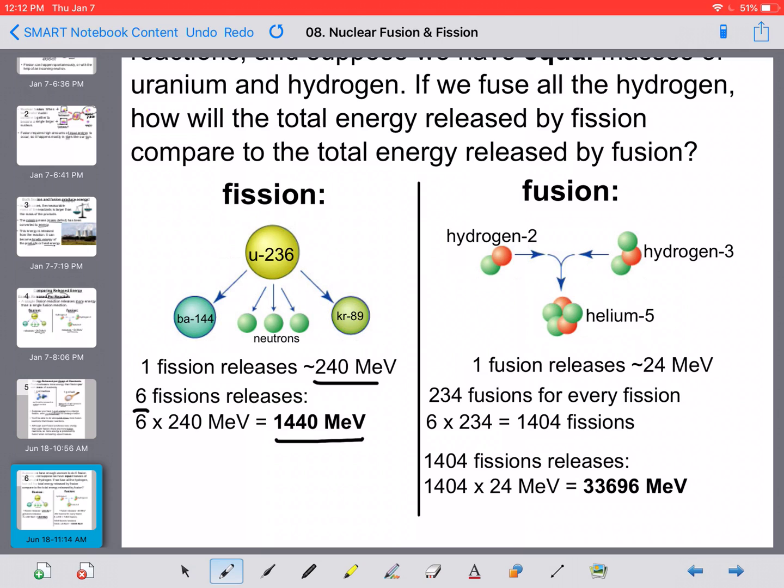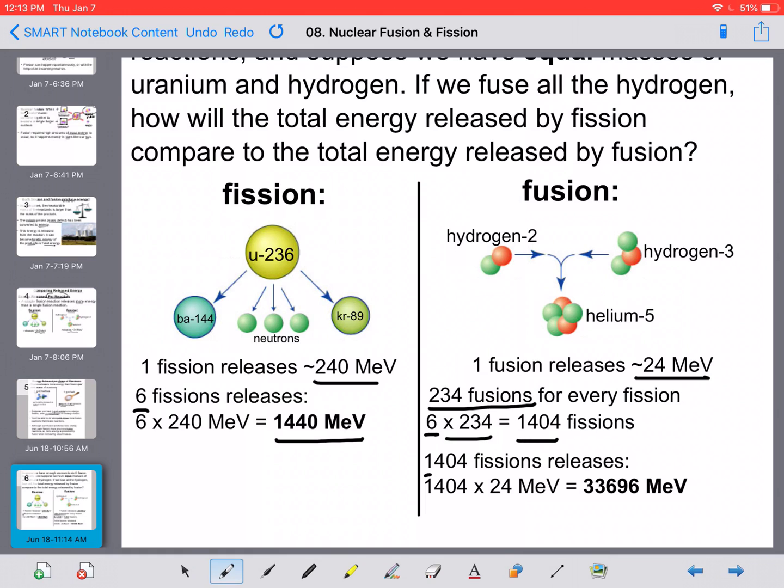Now, for fusion, remember we said 1 fusion reaction releases about 24 mega electron volts. And let's say that we have the same amount of mass, so we have 1 gram of hydrogen and 1 gram of uranium. With 1 gram of hydrogen, we can actually do 234 fusions per fission. So if we did 6 fissions, we're going to be able to do 6 times 234, which is 1,404 fusions.